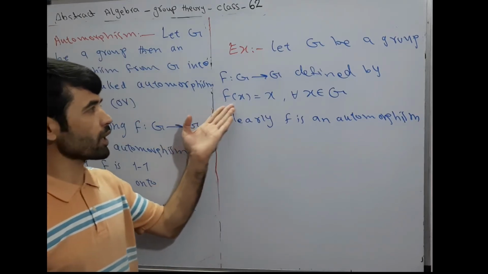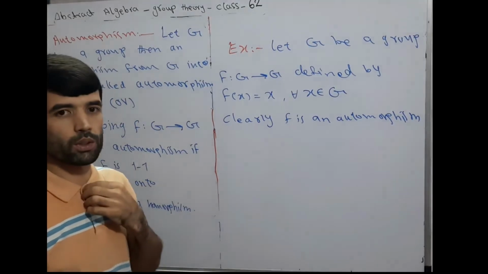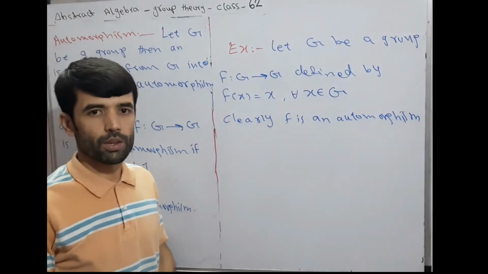Therefore, we can say that f(x) equal to x for all x belongs to G is an automorphism of group. Thank you.